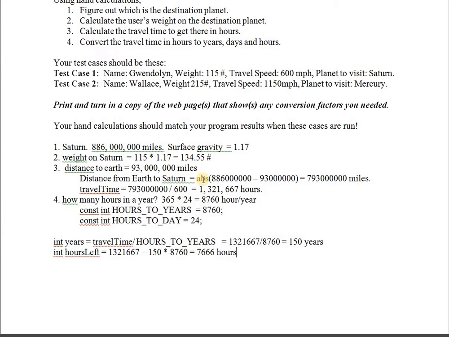The number of hours that we're traveling is an integer. The number of hours in a year is an integer. So we are doing integer division to get the number of years it's going to take. So any decimal that might have been generated is truncated by the compiler. What we're doing is we are recovering that number. This is one way to do it.